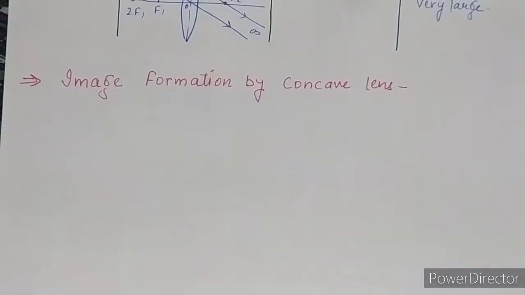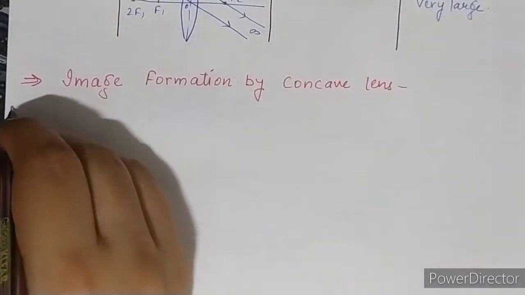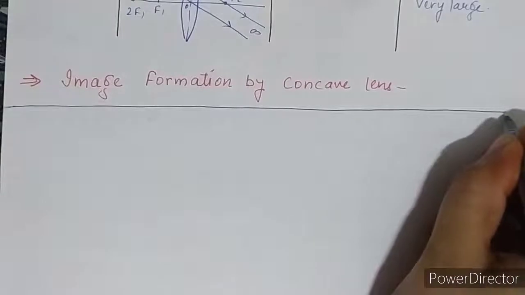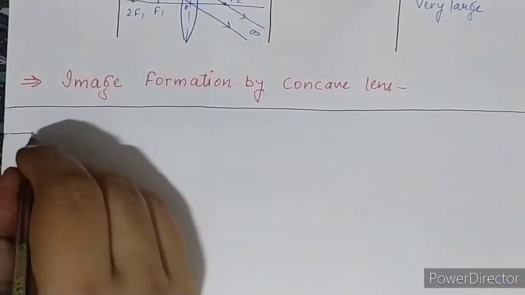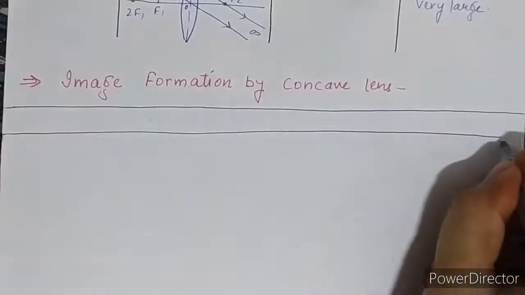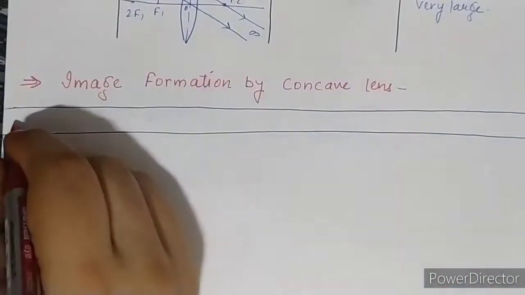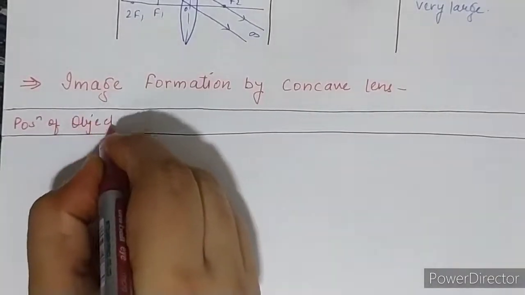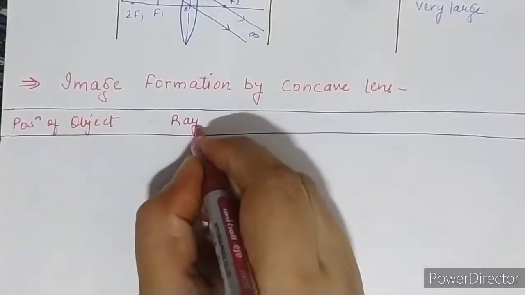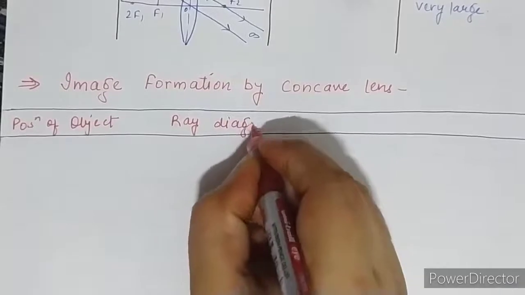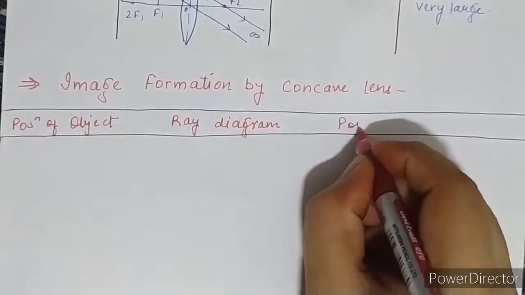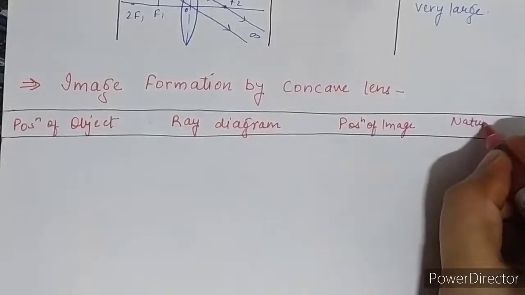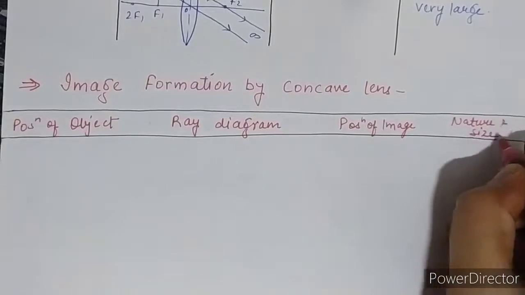Here we take all the same conditions: first the position of the object, next the ray diagram, third the position of the image, and last the nature and size.